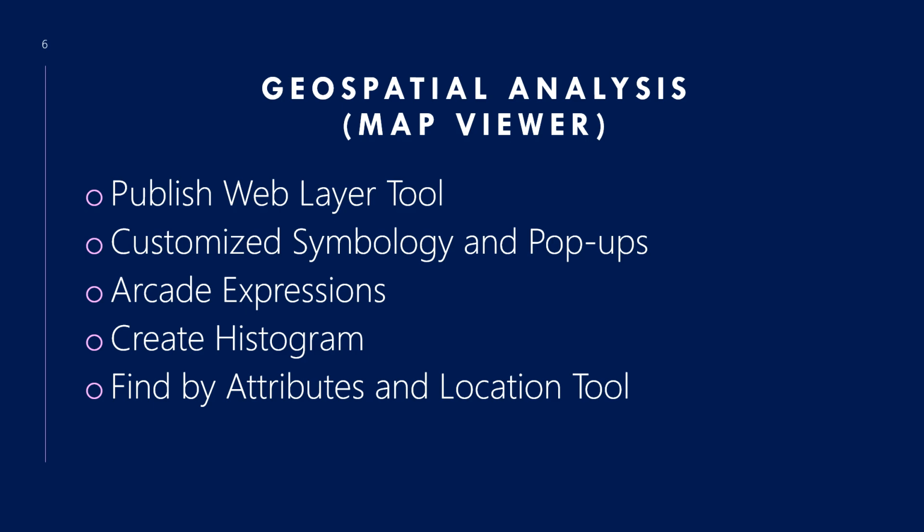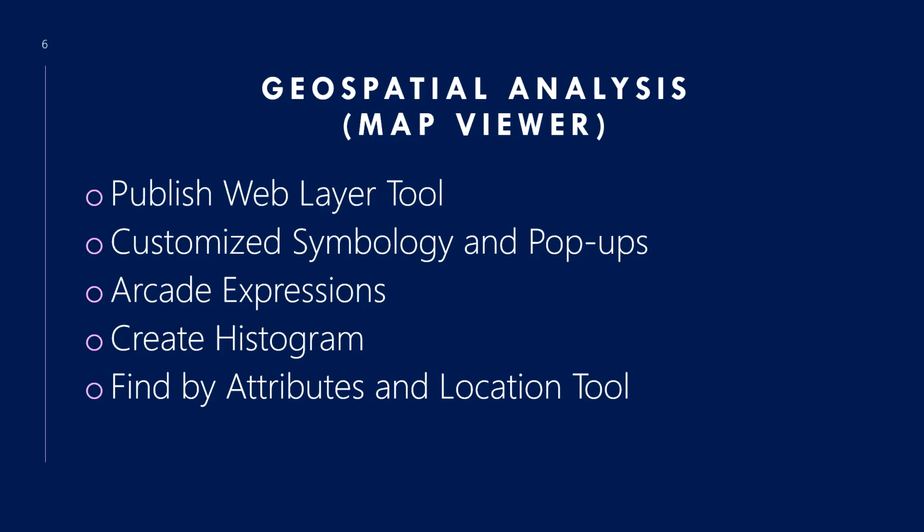I then published those layers using the Publish Web Layer tool so that it would appear in my content on ArcGIS Online. And from there, I was able to symbolize or customize symbology and pop-ups on the maps that I created. I used Arcade expressions to yield specific values that I wanted reflected in the pop-ups.